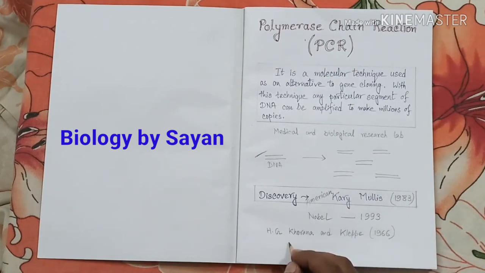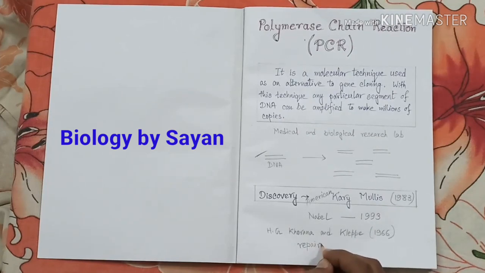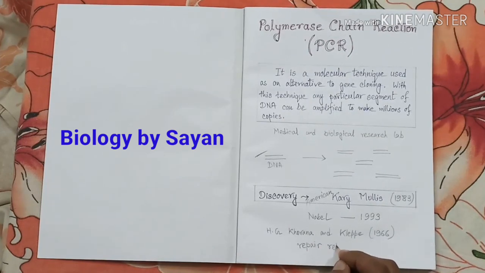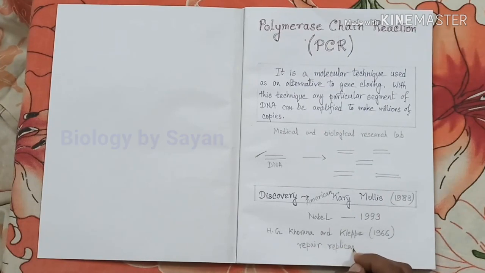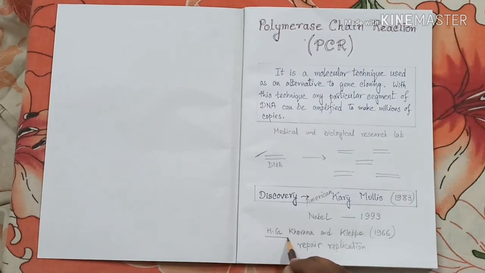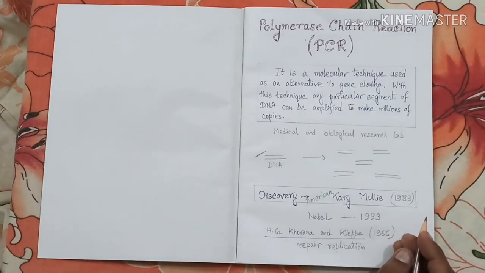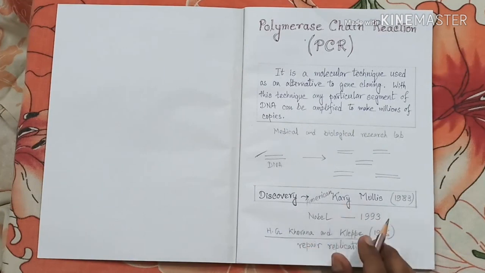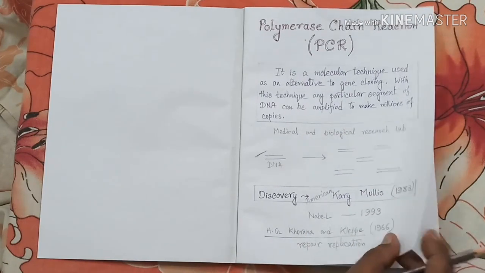Although their name was quite different, they put the name as repair replication. So, it is Har Gobind Khorana and Kleppe who introduced the concept of a polymerase chain reaction-like process for the first time, and later on Kary Mullis modified this technique and put forward the application of PCR in front of the whole world.